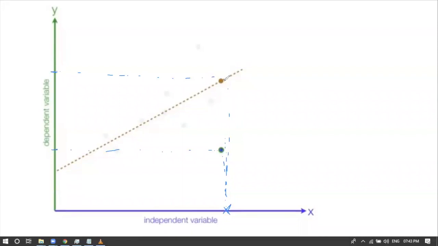So for any value of x, this line is giving you the prediction value, what the model predicted the answer should be, and this is the actual one, because it's training data, we know the answer.